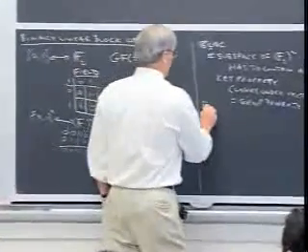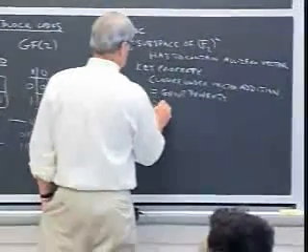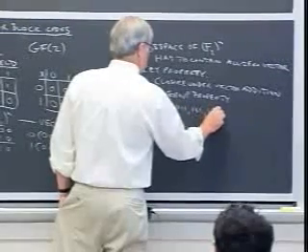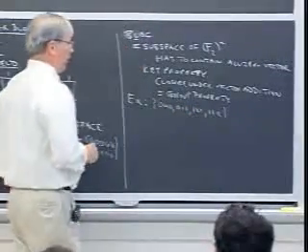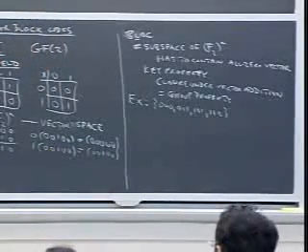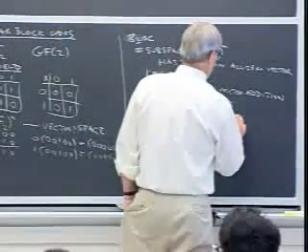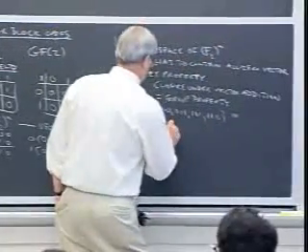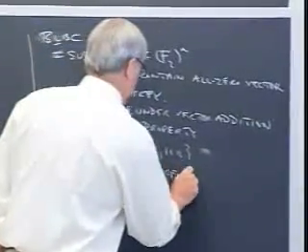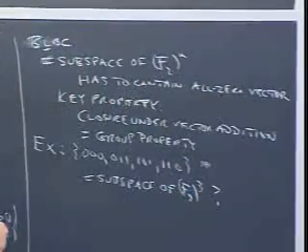All right. Example: our favorite example so far. Let's take this little code, and I'm going to ask, is that a subspace of F2 to the 3? So is this a subspace of the set of all binary 3 tuples?